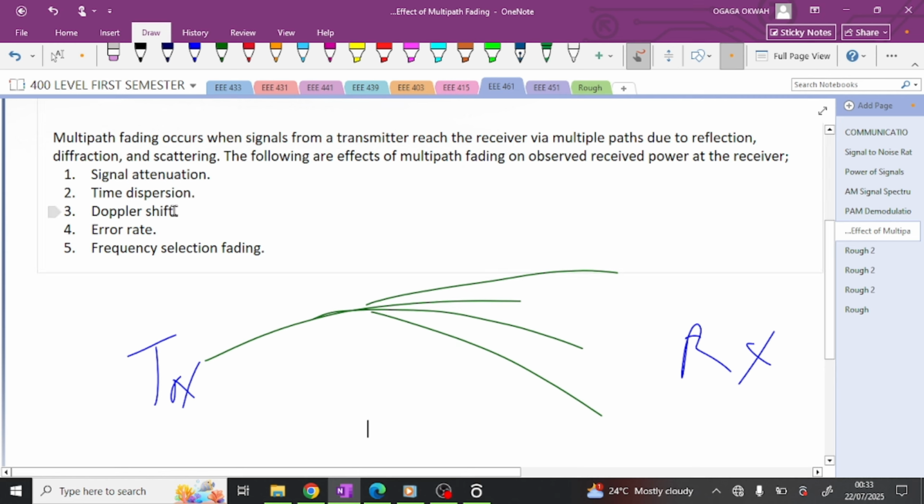So multipath fading will lead to time dispersion. Also Doppler shifts, which occur when there is relative motion between the transmitter and the receiver. Maybe the transmitter is stationary, but you, the receiver with your phone, may be moving, running, or in a bus or car. When there is relative motion between the transmitter and the receiver, Doppler shift occurs.